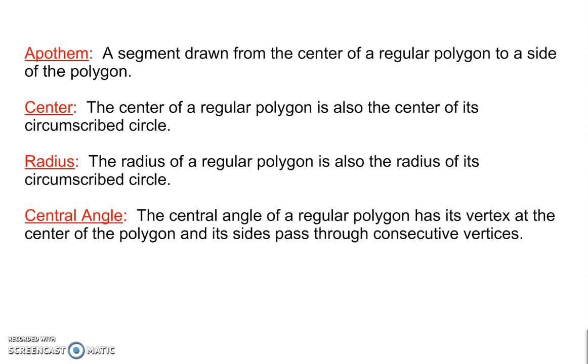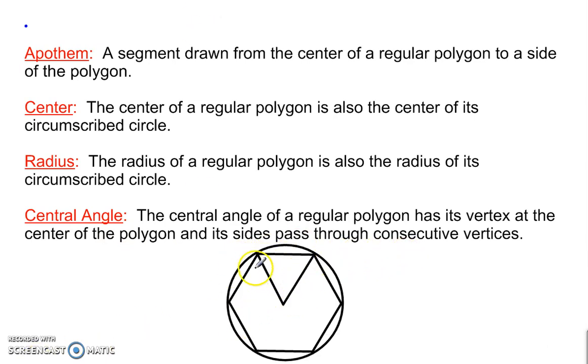And then the central angle of a regular polygon has its vertex at the center of the polygon, and its sides pass through consecutive vertices. And that looks like this. So there's the center, consecutive vertices, so from here to there. Okay, so there we have the central angle.